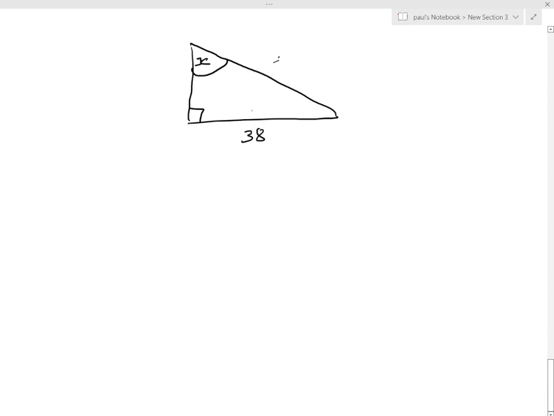Oh, we need another number, don't we? Yeah, 52. So we need to find the angle. That's what we're after. So let's label them all up. So now this one becomes the opposite, this one becomes the hypotenuse, and this one becomes the adjacent because the angle's in the other corner.